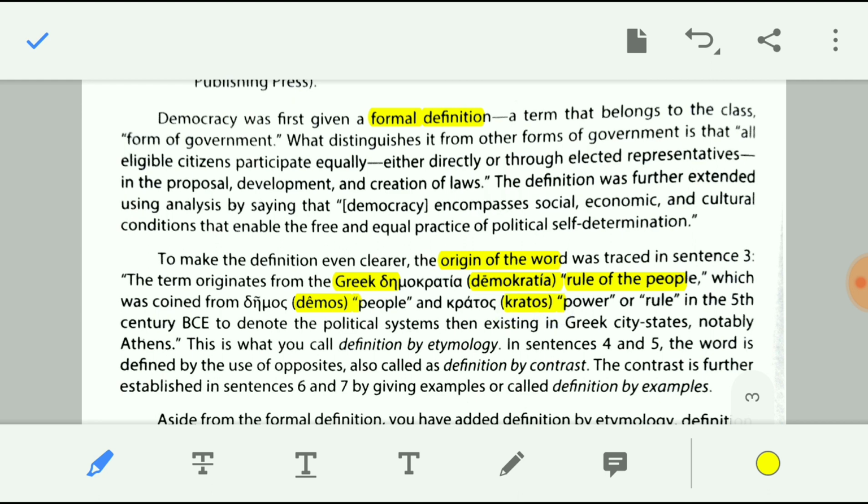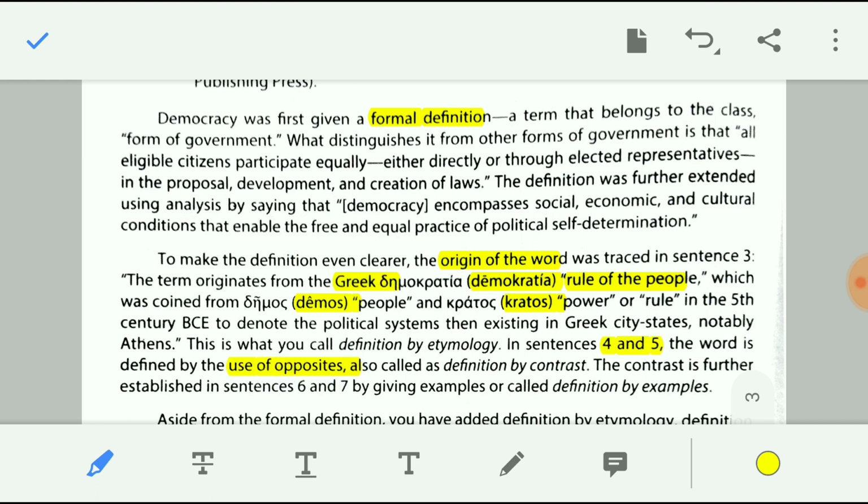It is a rule of the people, wherein the people are ruling or have the power over a government. And then for sentences 4 and 5, you have used the opposites.